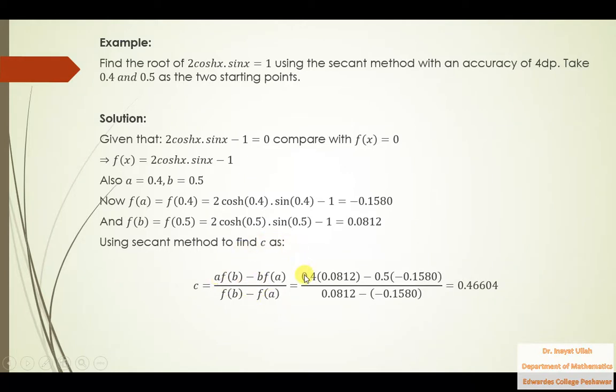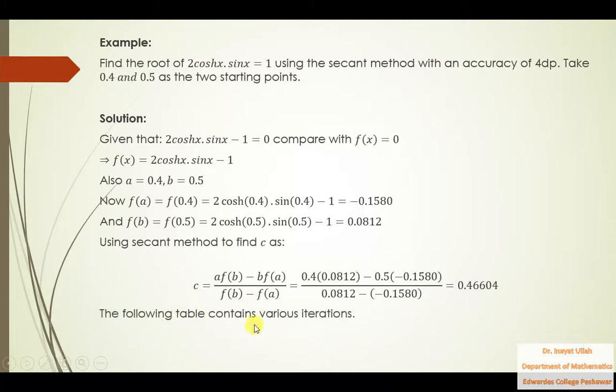A is 0.4, f of b is 0.0812, b is 0.5, f of a is minus 0.1580, divided by f of b minus f of a. Whenever we calculate this quotient, we will get 0.46604. This is the value of c.